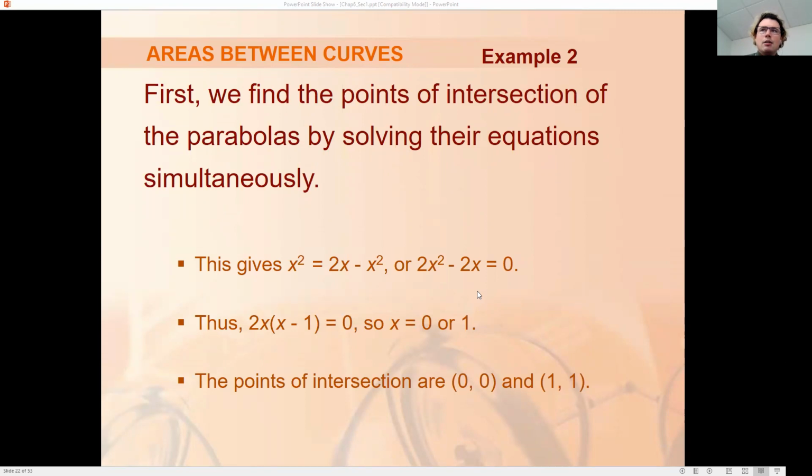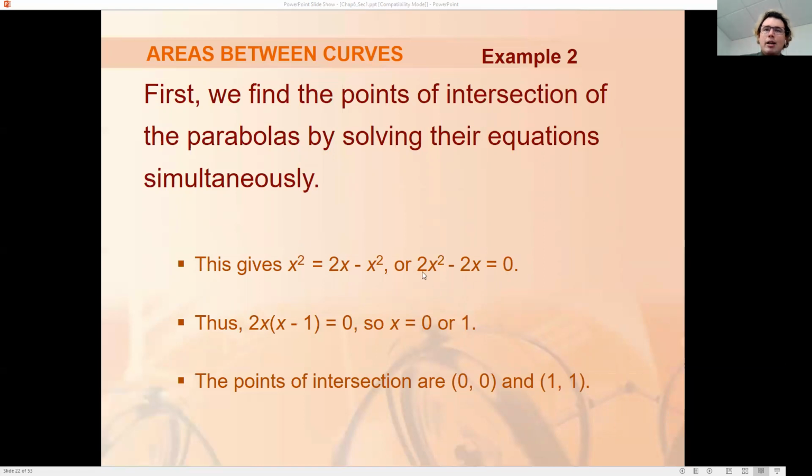So, there's still no picture on this slide, but I can calculate those points of intersection straight from algebra. So points of intersection will mean that I have the very same y coordinate for the very same x coordinate. So I'm going to set those functions equal to one another and solve.